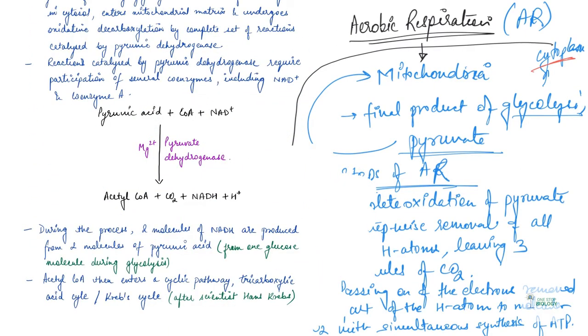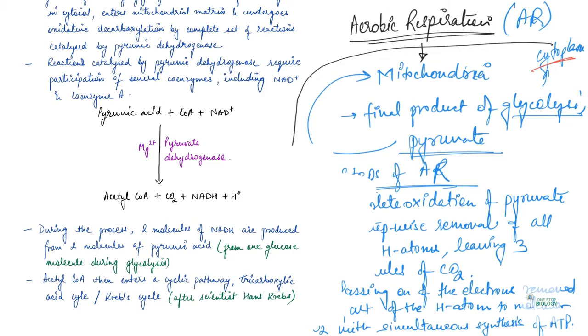Now here what you see is pyruvic acid plus coenzyme A plus NAD plus, in the presence of the enzyme pyruvate dehydrogenase and magnesium, gets converted into acetyl coenzyme A, carbon dioxide, NADH, which is energy, and hydrogen ions, right?